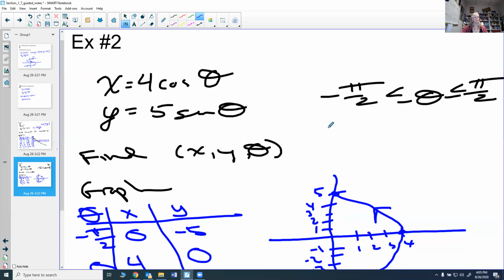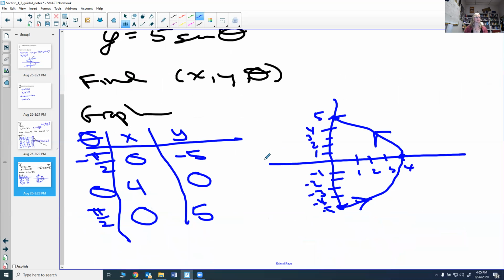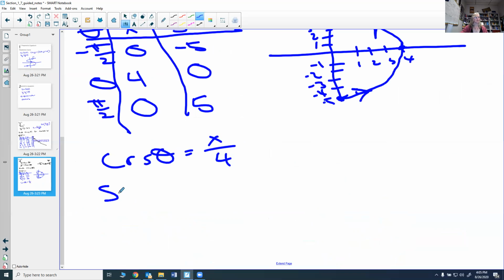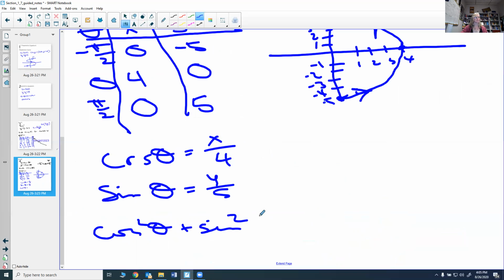So cosine of theta is going to be x over 4, and the sine of theta is going to be y over 5. And then I remember that cosine squared theta plus sine squared theta equals 1.